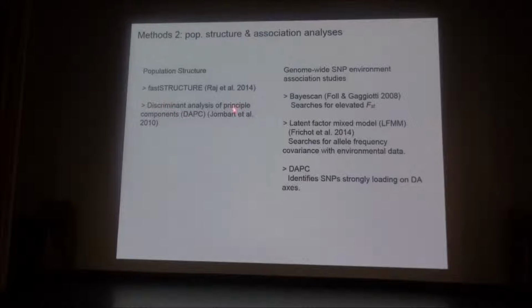This is a discriminant analysis of principal components. You find the number of clusters in your data set using k-means clustering. You perform a PCA on your data set, and then you perform a discriminant analysis on those PC axes. So it's a great way to reduce the complexity of your data set and to have a similar but different picture of population structure than fastSTRUCTURE.